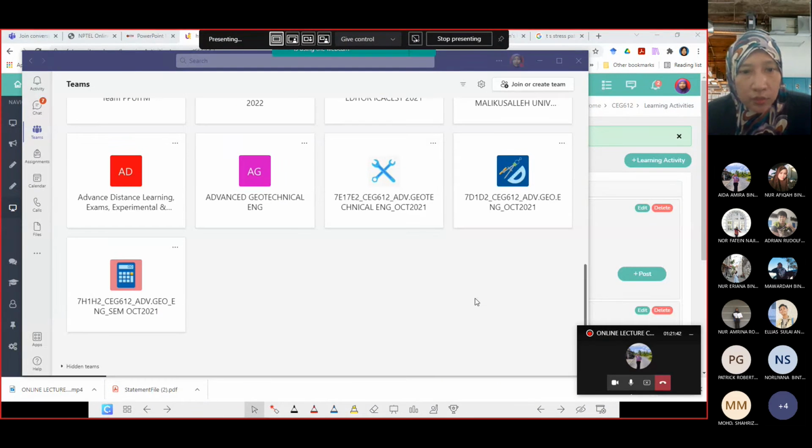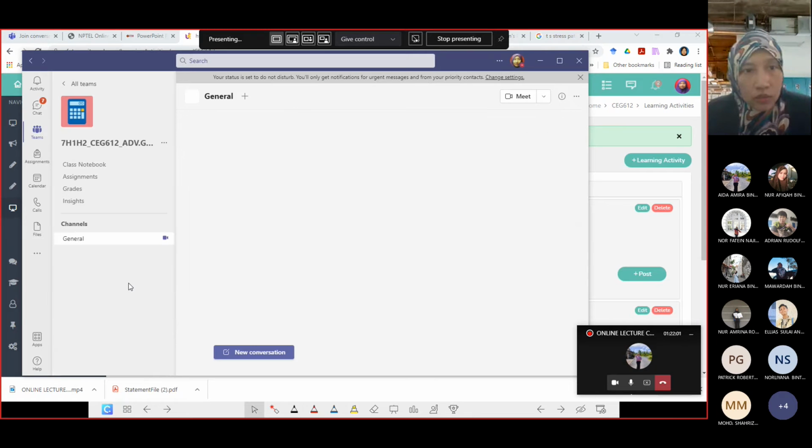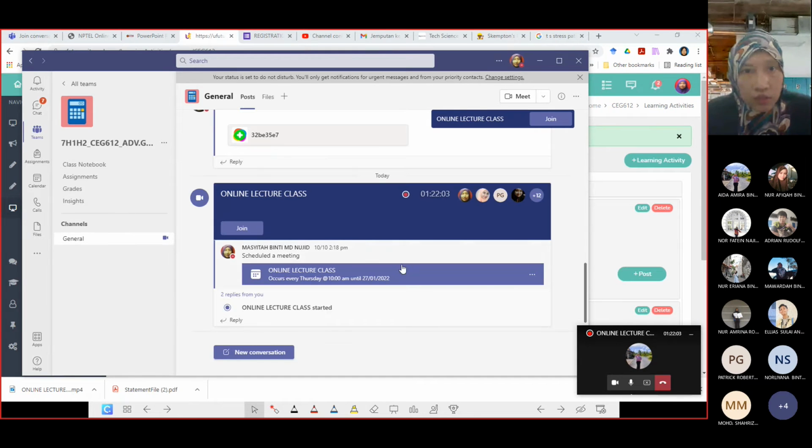Contoh tadi you tak boleh nak attach ataupun join apa learning activity dalam YouFuture. Sebaiknya saya hanya nak gunakan satu platform je, so saya organize daripada YouFuture. You can view from that. Let's say if you couldn't answer from the YouFuture, you masuk dekat Teams ni under your group name ni.